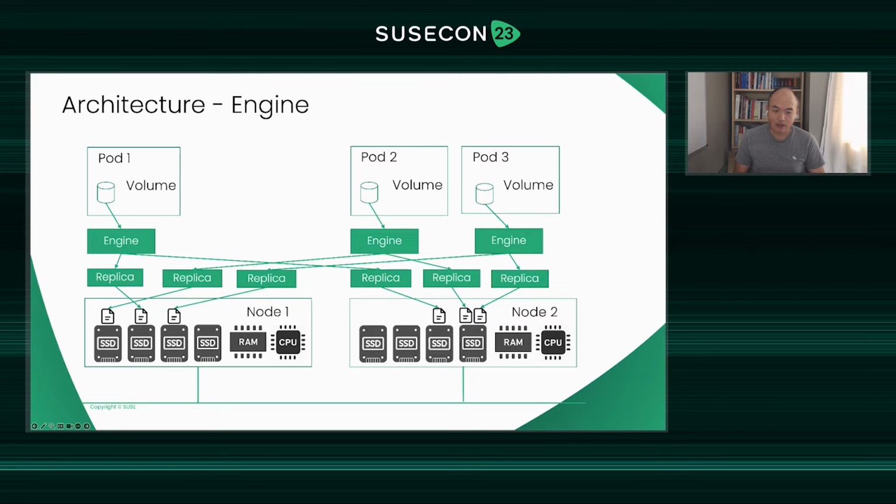And the second thing is, you can see the engine and the volume are always on the same node. That is by design. Because the major HA event, the node failure event, is the major thing we want to prevent. And of course, when the node fails, we want this workload to be migrated and the data stay intact, right?